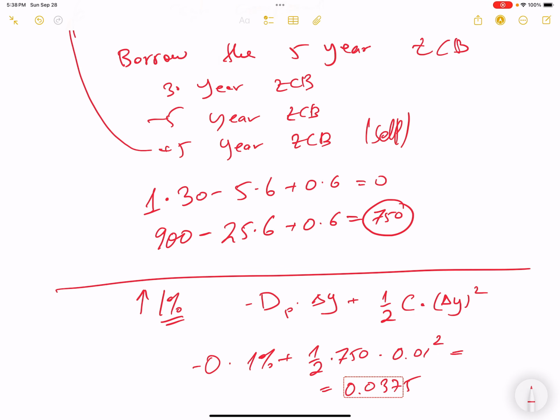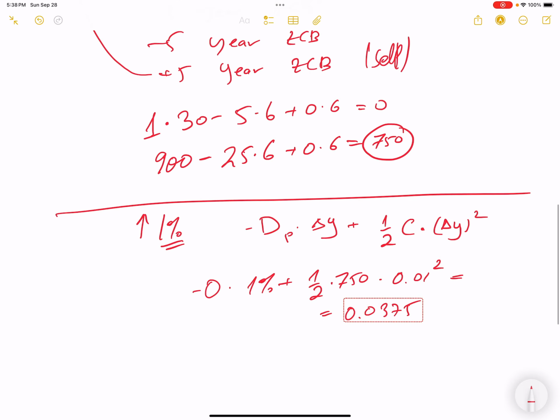Okay? So, you know, what will happen here is that your portfolio is going to actually make money when interest rates are going up, right? So this is a little unusual. I wouldn't say that, because if you have a positive duration portfolio, you will not have this kind of phenomenon, okay?